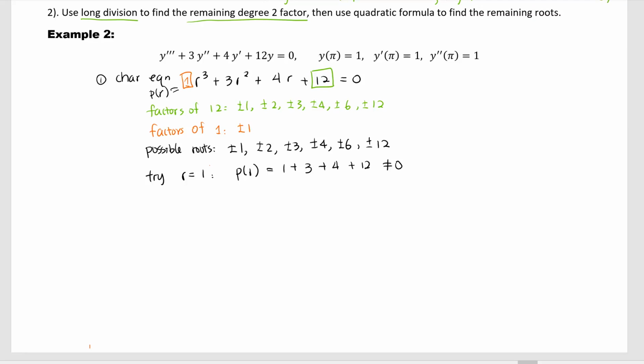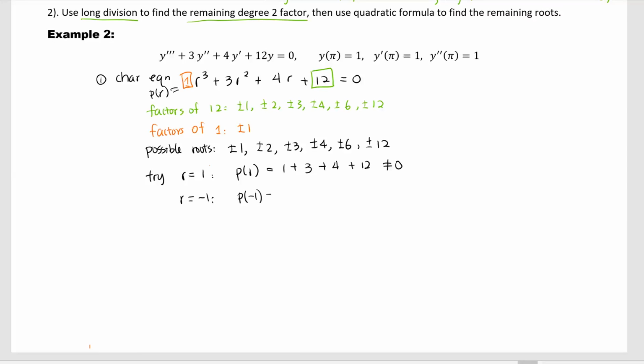Do you realize that because all the terms have positive coefficients, if you plug in positive numbers, your answer is always going to be positive, so it won't be 0? So we know that none of the positive numbers can be roots. That's why we try the negative numbers.